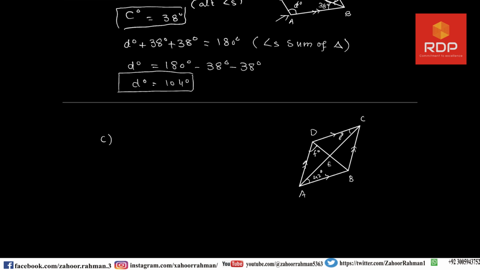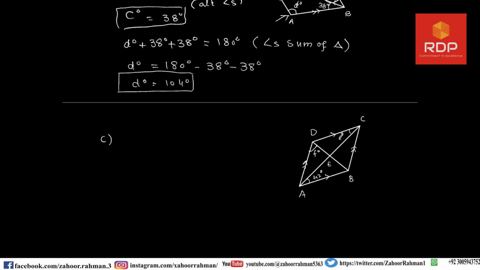Let's turn our focus to part C of question number 5. In this case also we are having a rhombus. So we have to keep in mind the properties we learned earlier, the properties of rhombus. Now the situation is in front of you.